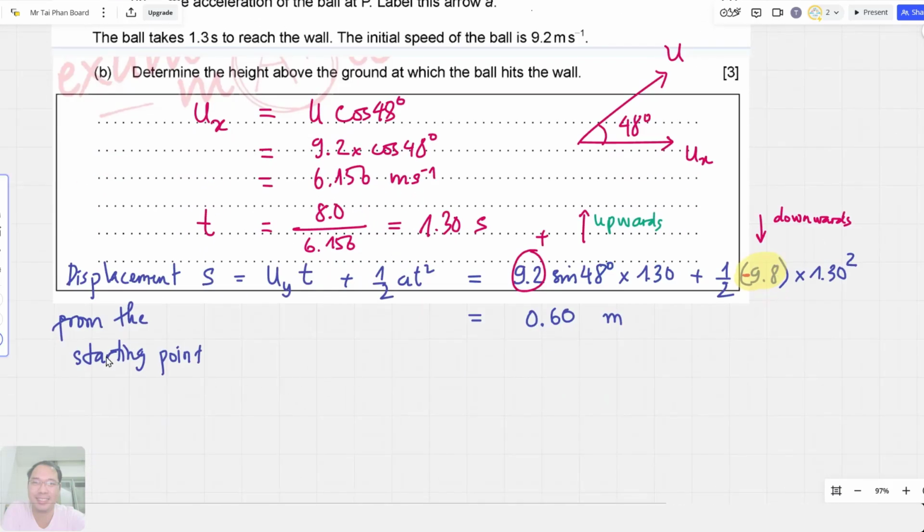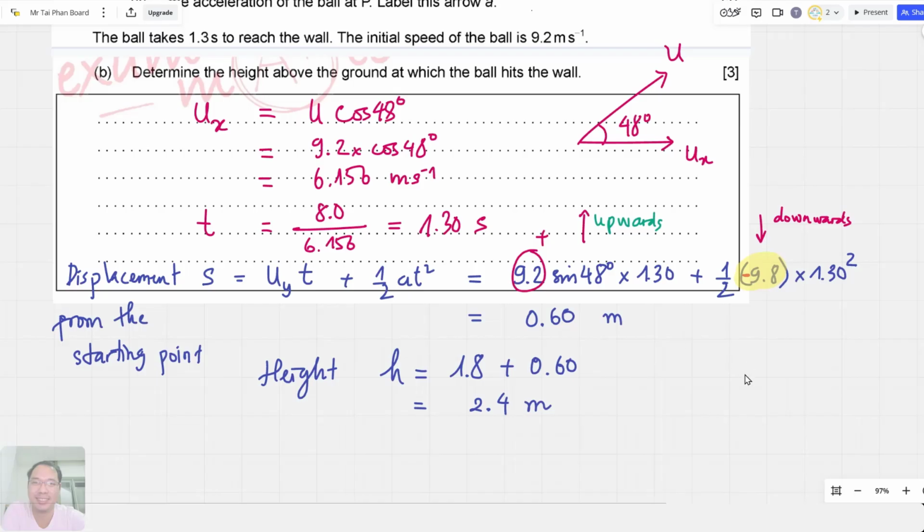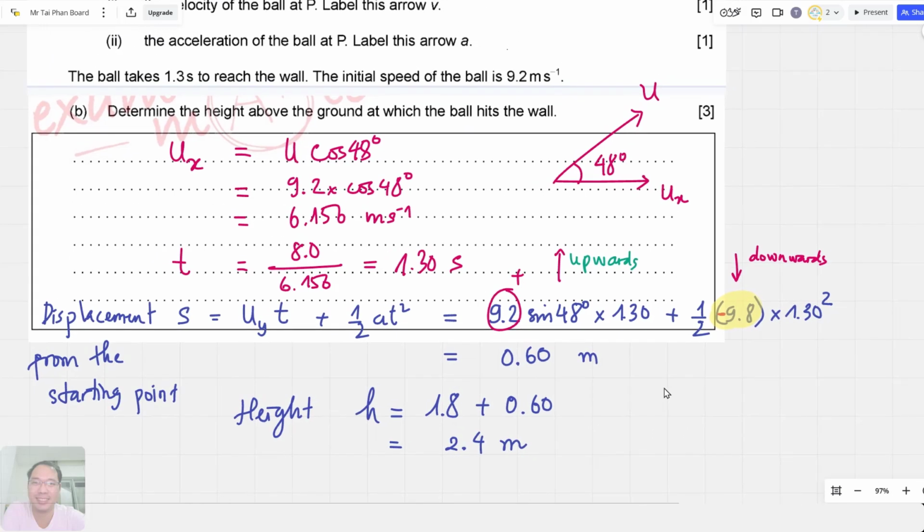Okay, so the height is 1.8 initial height plus 0.6, which is 2.4 meters. Okay, let's check the answer. 2.4 there. Definitely correct. Great job, both of us.